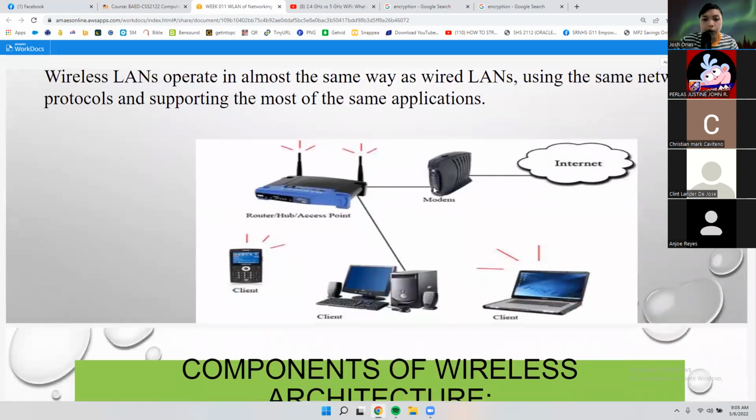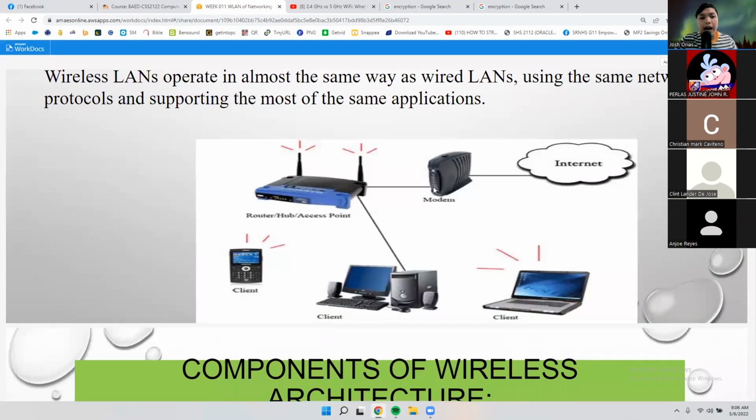Okay, so this is the modem. So mga lumang style pa dati is modem. So LAN cable pa lang, and it is not ready for wireless. So anong kailangan? So bibili ka ng router, hub, or access point para magkaroon ng access po yung mga computers and smartphones para magkaroon ng internet.